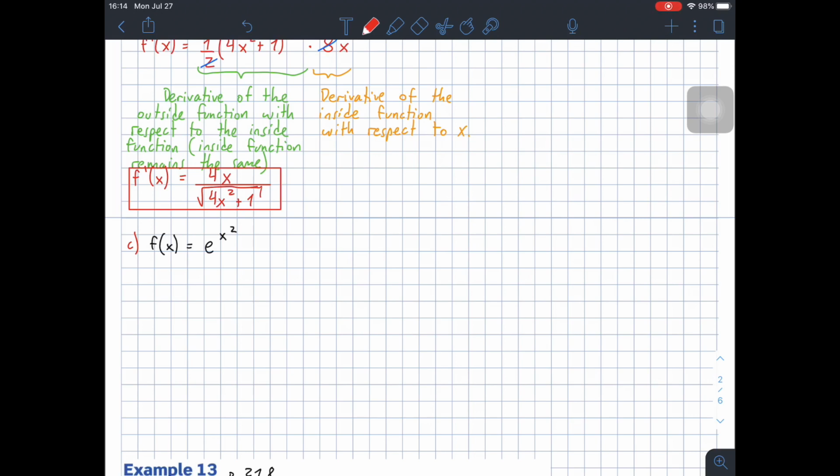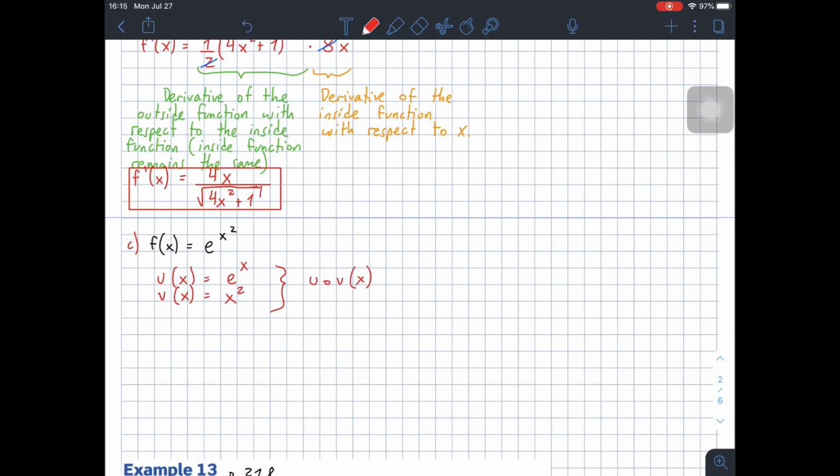We can say that u of x, in this case, the outside function would be e to the power of x, and v of x, the inner function, can be the exponent itself, right? Which is x squared. X squared is the inner function. One way of checking this is by finding f o g, right? In this case, u of v of x.